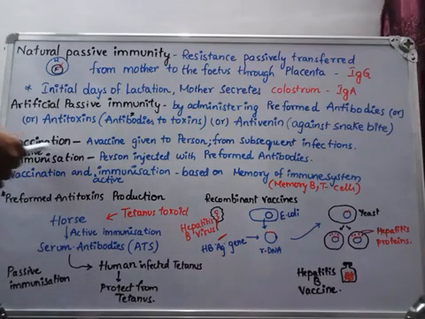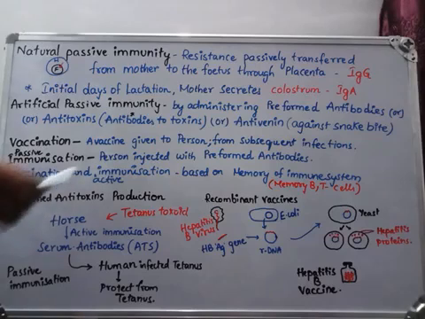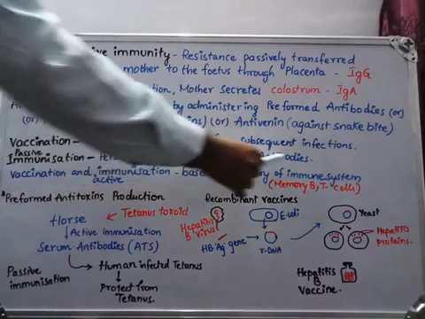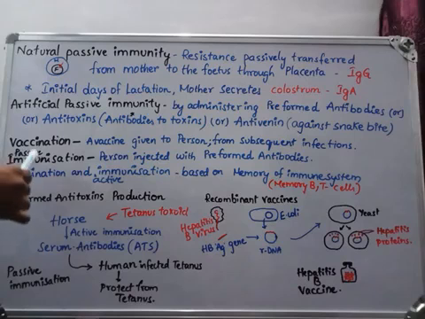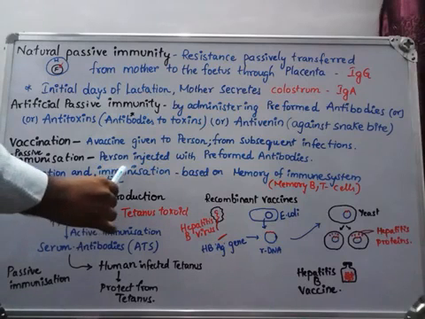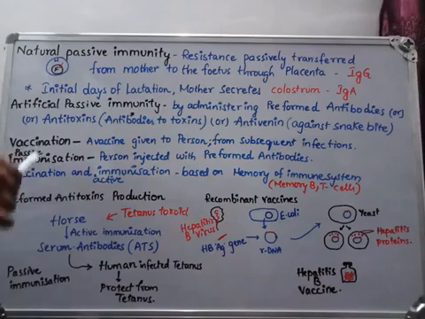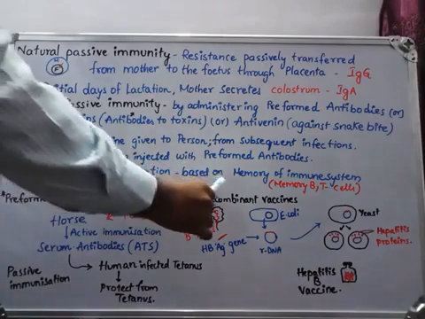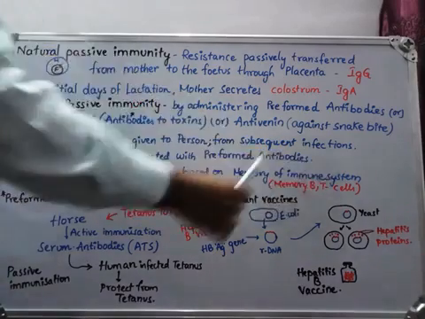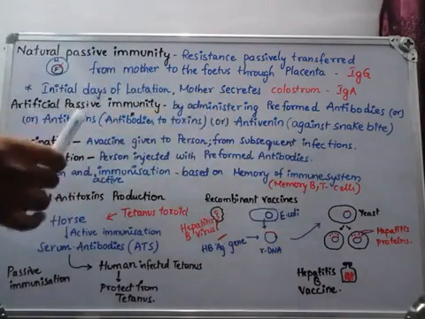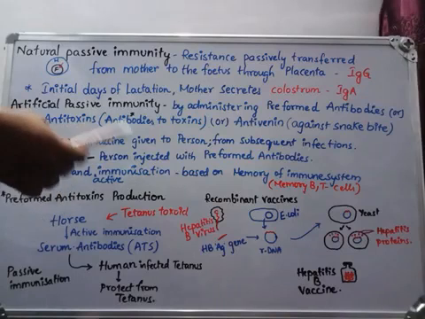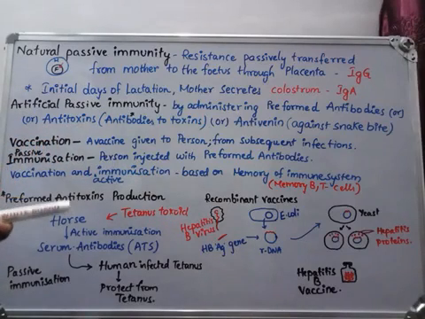That is the vaccination mechanism. Passive immunization, as we already observed, is when a person is injected with preformed antibodies. There is a similarity between vaccination and active immunization: both are based on the memory of the immune system. Memory B and T cells are produced and they can fight subsequent infections.